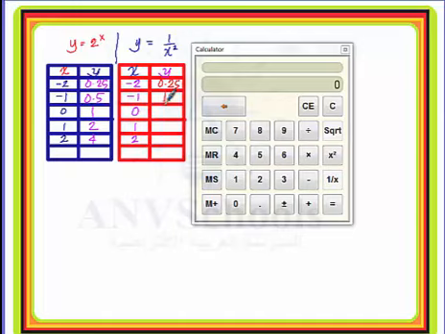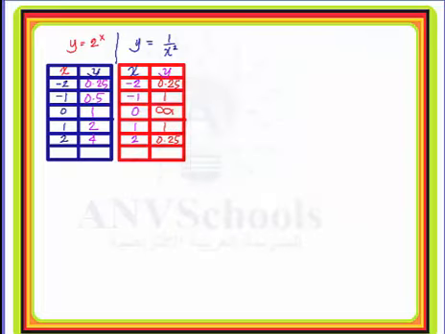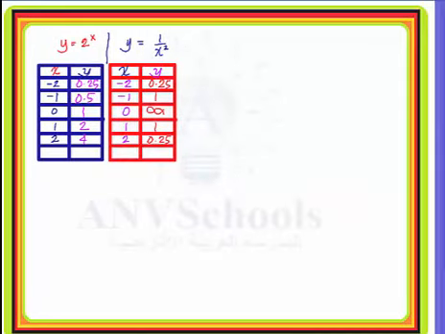If my x is 0, then I will not have any value at this point, because it is undefined. If my x is 1, that gives me 1, and if my x is 2, that gives me 1 over 4, or 0.25. Okay? So now let us have a graph to differentiate each.